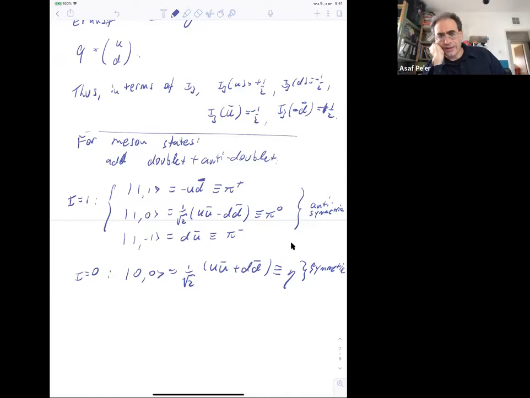So you take the eigenstate and then you take the ladder operator and you raise it. You can do the same thing here, because I plays the role of the total angular momentum and I3 plays the role of the angular momentum in a given direction. So when you take the ladder operator and you operate on the pi minus, you get the pi 0.